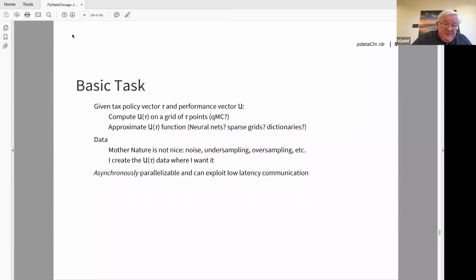Now, how much data can you afford to approximate? Right now, I don't know how much data I'm going to need. For that income tax case, I'm sure we're going to need billions or trillions of little taus, or cases.